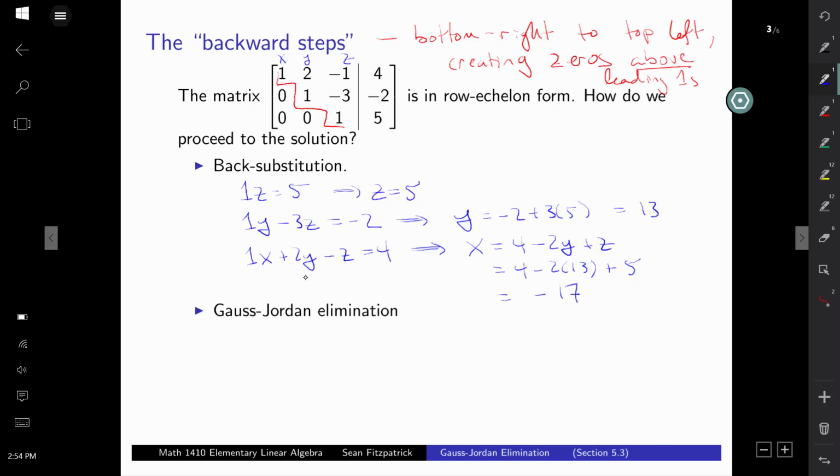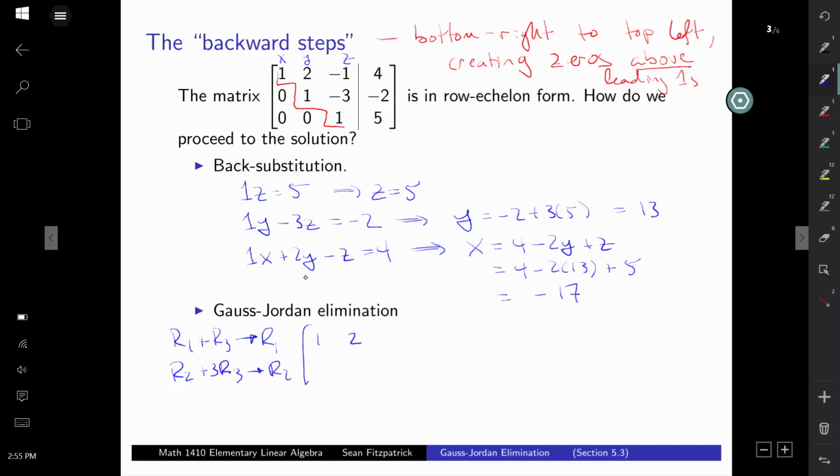We say, okay, how can I use that leading one to get rid of any non-zero things above it? Well, in this case, if we do row 1 plus row 3 and make that my new row 1, I'll get rid of the minus 1. Then I can do row 2 plus 3 row 3 and make that my new row 2.